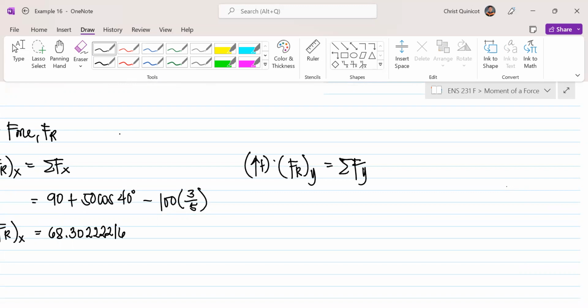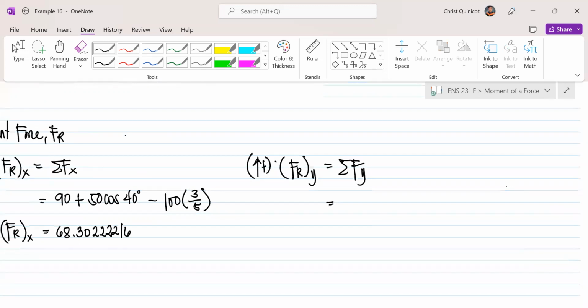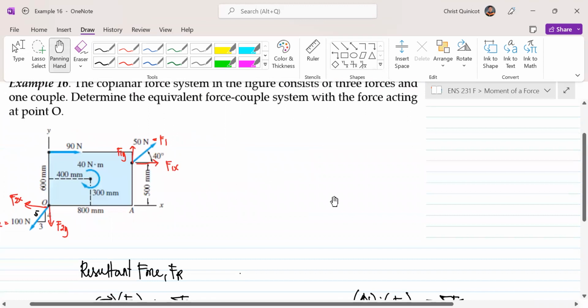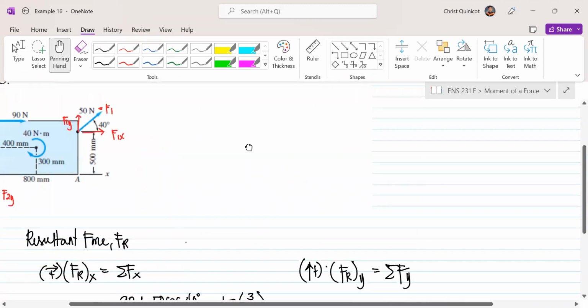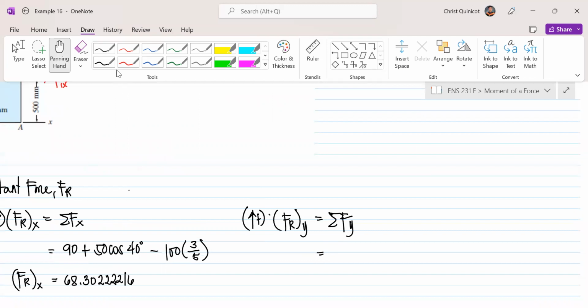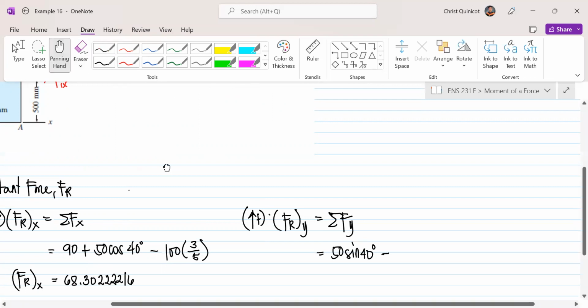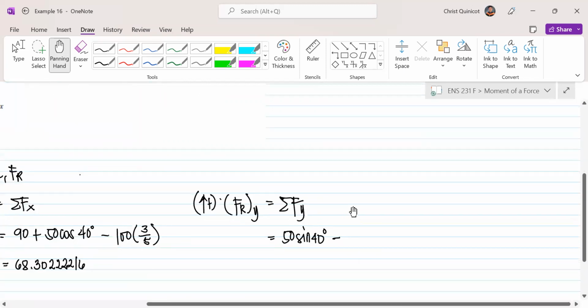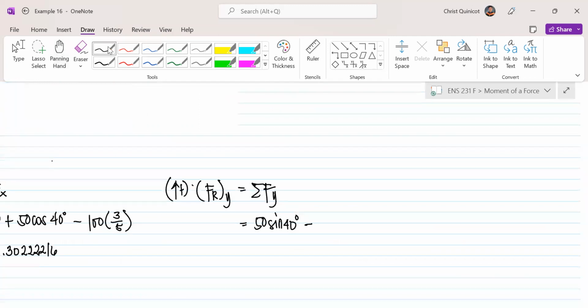So if you can observe, there are only two forces: 50 sine 40 degrees minus our y, which is 100 times 4/5.